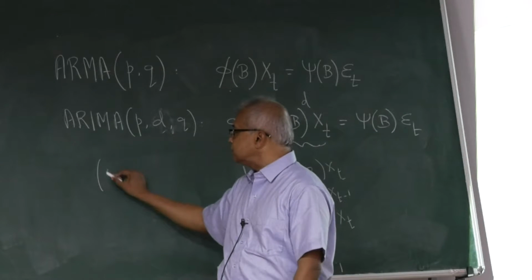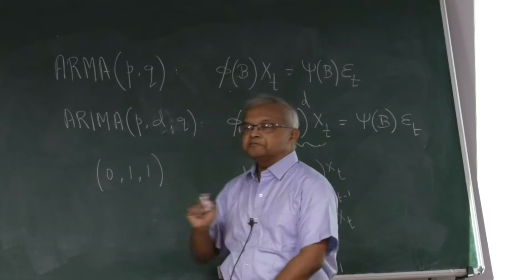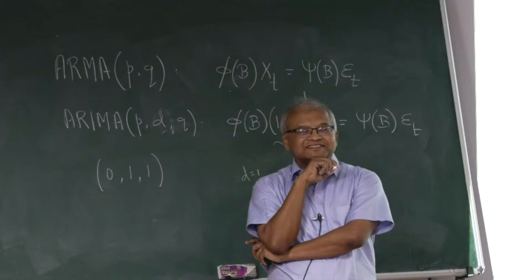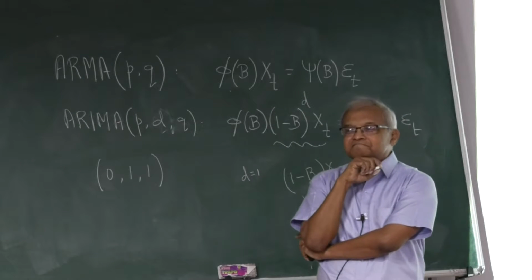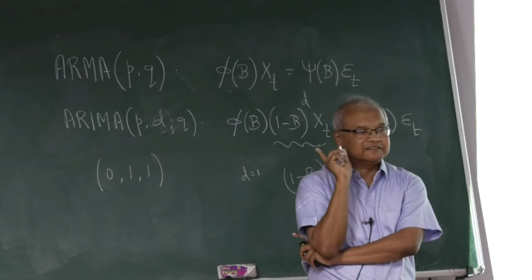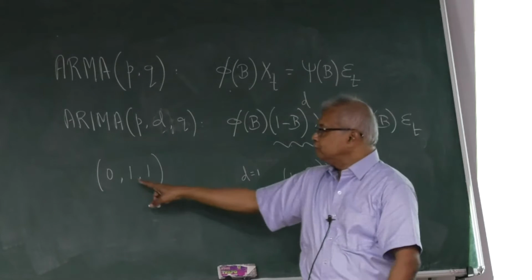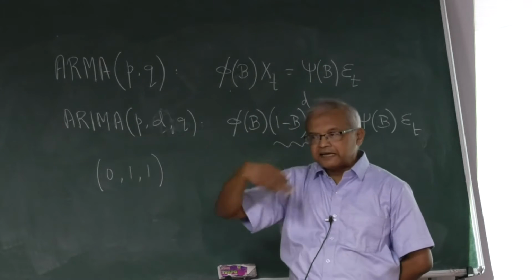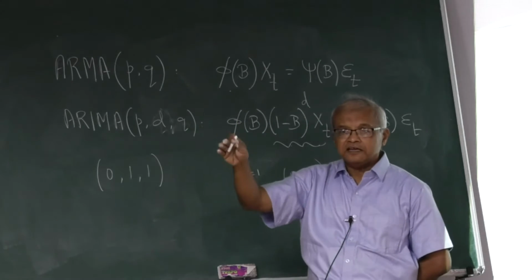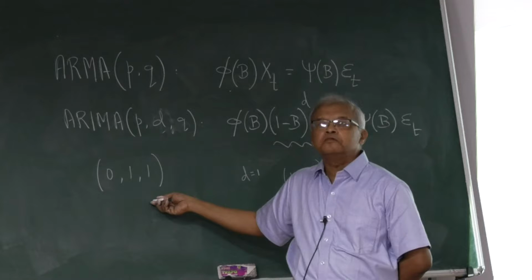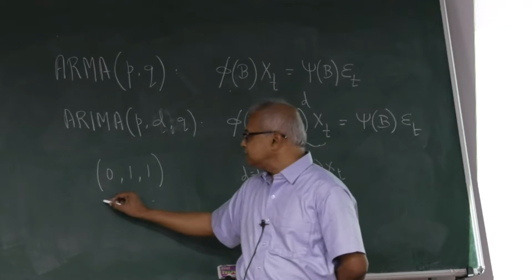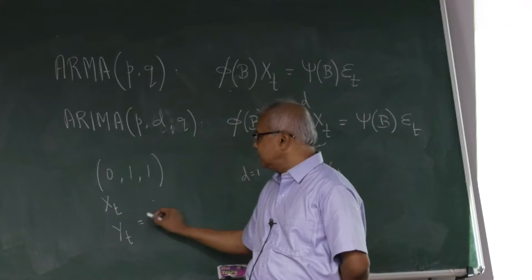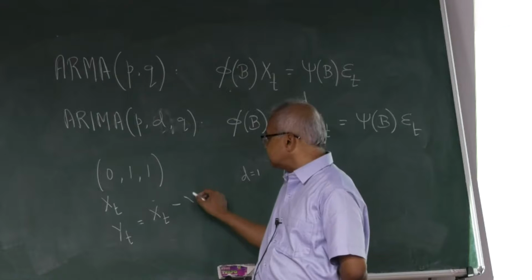If you have an ARIMA(0,1,1), what does it mean? It means that there was some trend in it. You take out the trend by differencing. So you have taken a first difference, and then what did you do? Suppose my original series was x_t, I write y_t as x_t minus x_{t-1}.